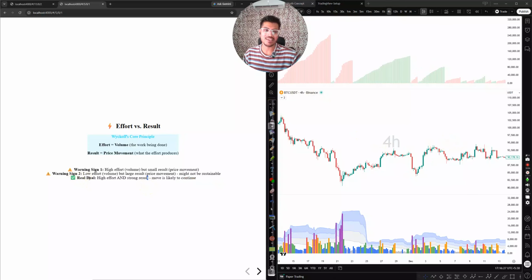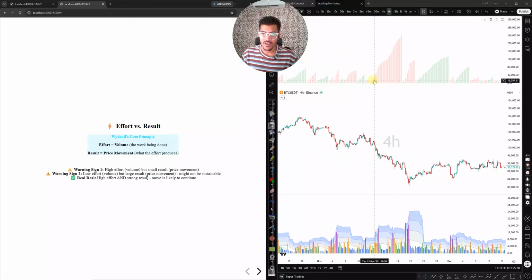So the real deal is high effort and a strong result, and that move is likely to continue. See, very high effort, the volume was very high and the move was also very high, right?